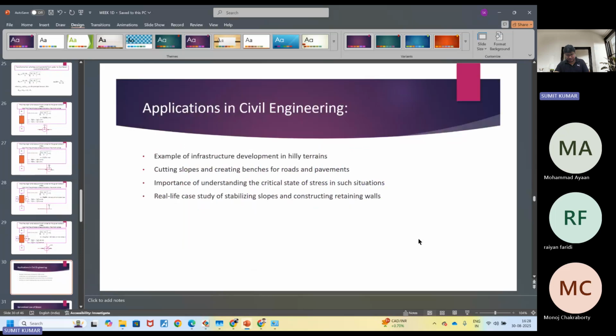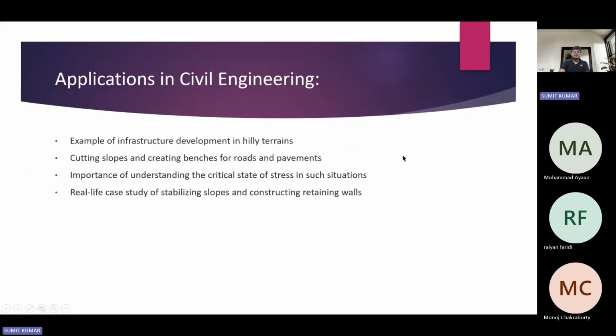Right now, we are talking about the applications in civil engineering. In talking about its application, it is used in infrastructure development in hilly terrains. Additionally, for cutting slopes, creating benches, and roads for pavement. Also, shear strength becomes very important, as mentioned earlier many times, its applications are prominent across the field of geotechnical engineering.